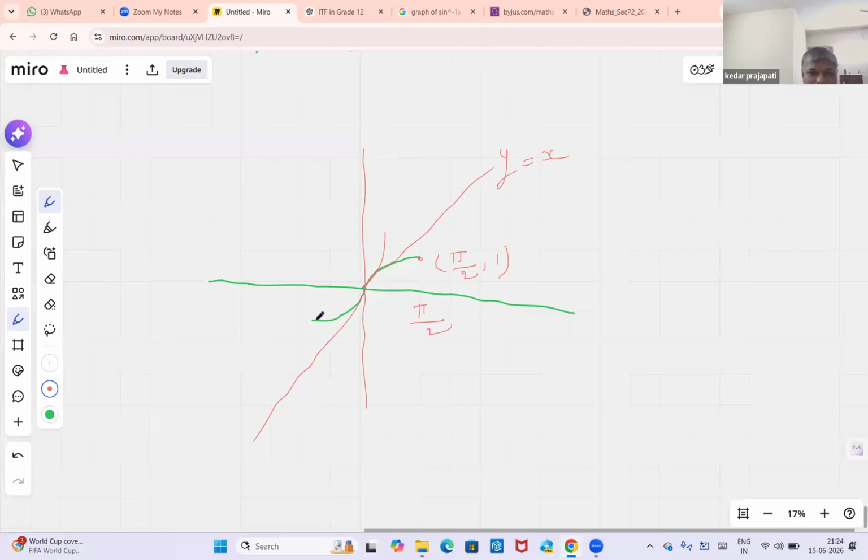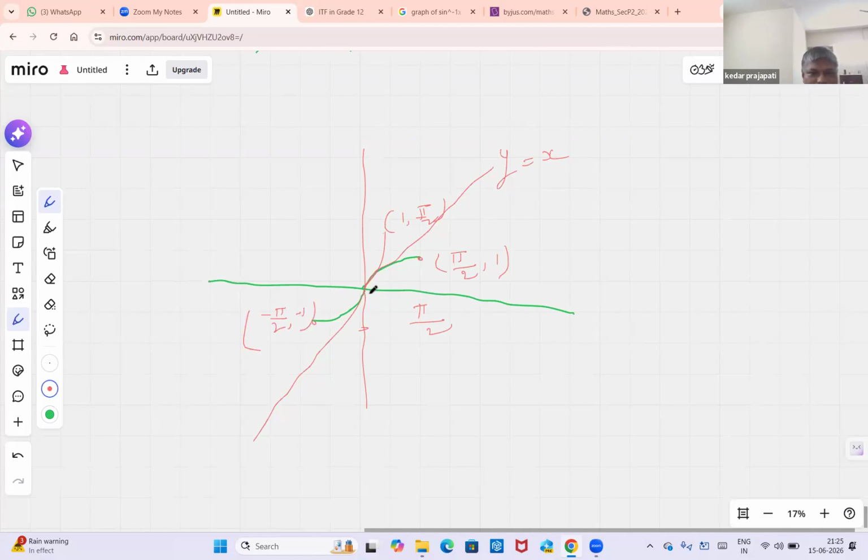And this point is minus pi by 2 and 1, right? So this point has become 1 comma pi by 2. Now this point is minus pi by 2 and minus 1, correct? Yes. So it is minus pi by 2 and minus 1.